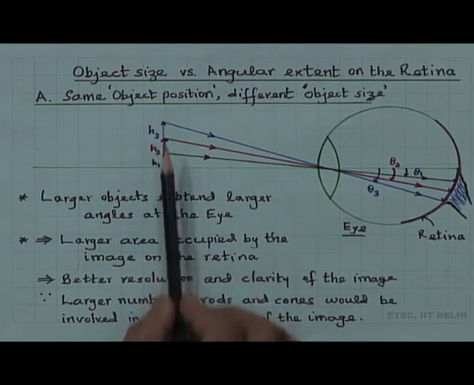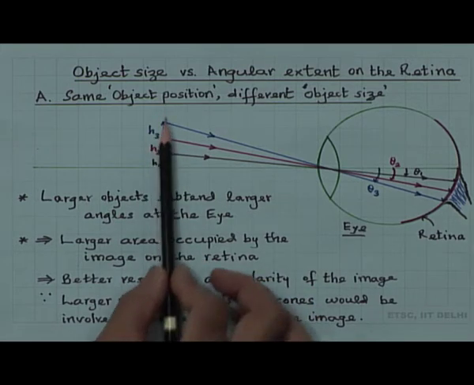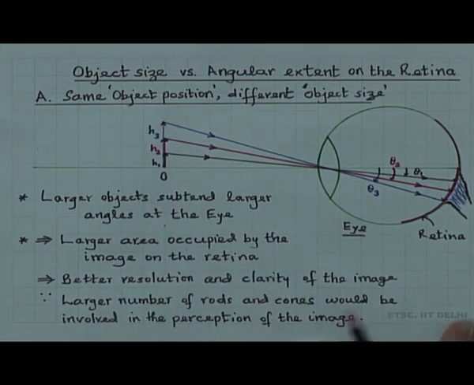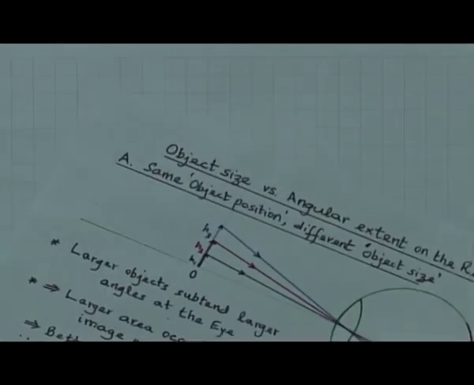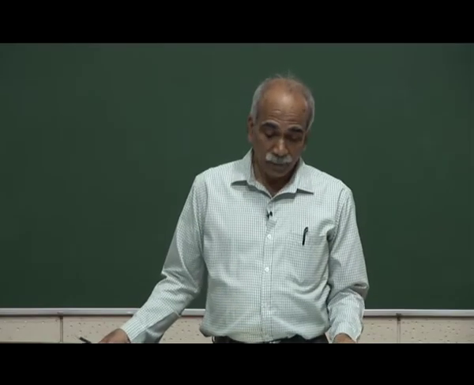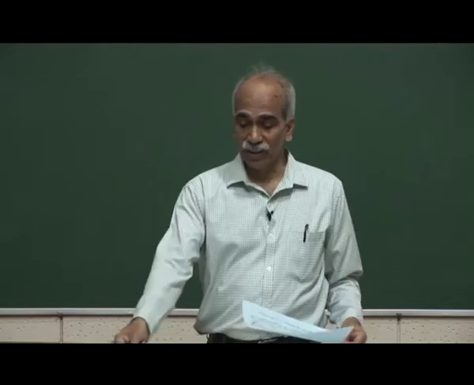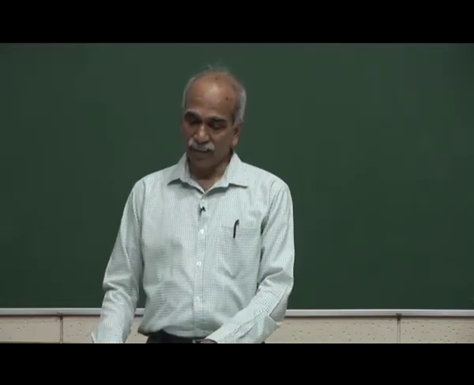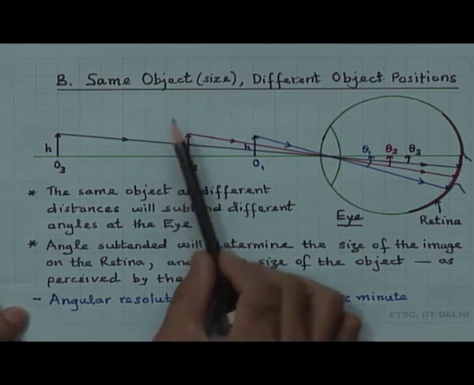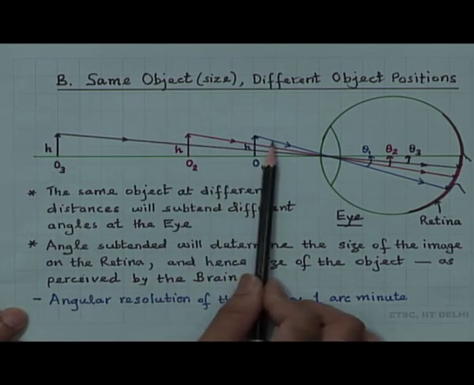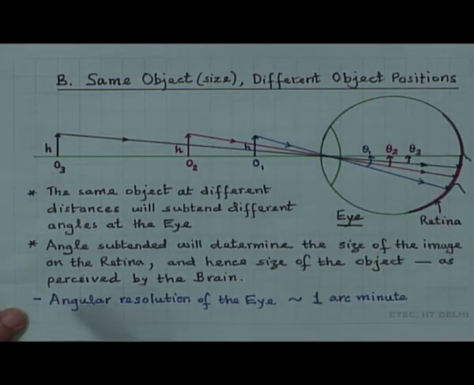Now, first I have considered the same object position and different sizes. Now, let us see the same object size, but different object positions. What is the effect? Here the same object, therefore, the size is the same, but different object positions.